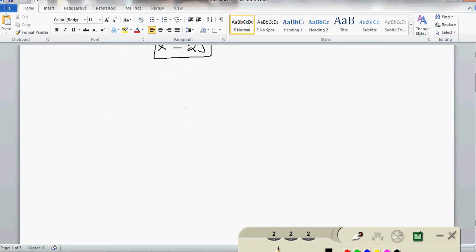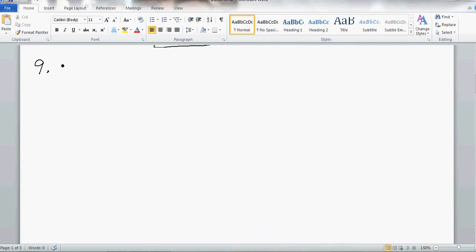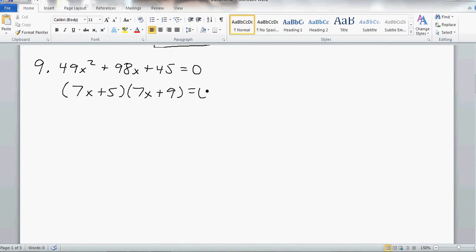Example number 9. The denominator is 49x squared plus 98x plus 45, and I'm going to set that equal to 0. And I can factor this out pretty quickly. 7x plus 5 times 7x plus 9 equals 0.